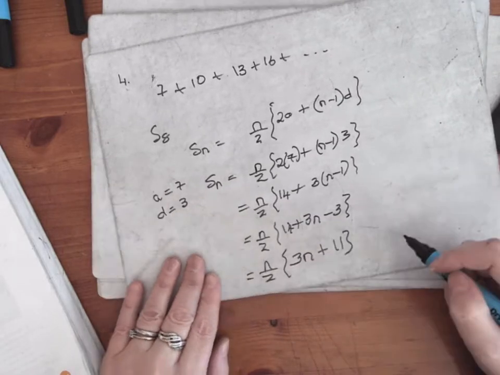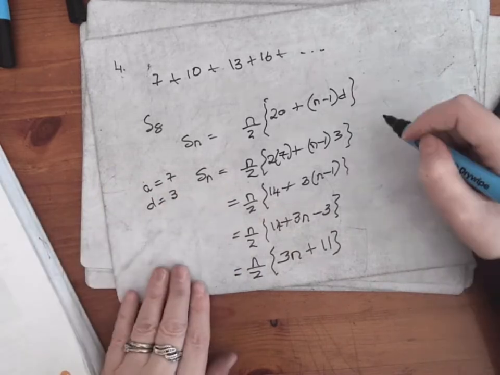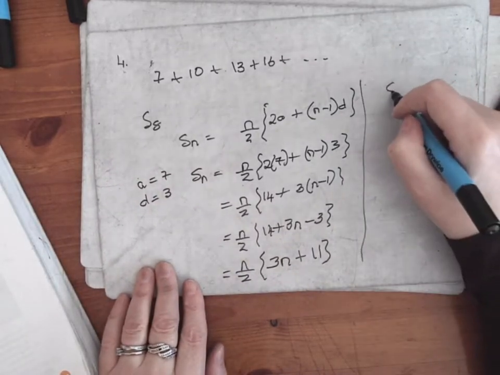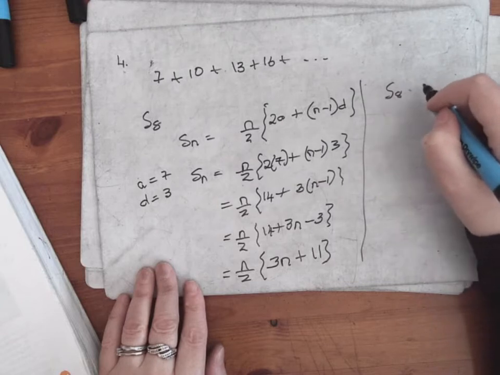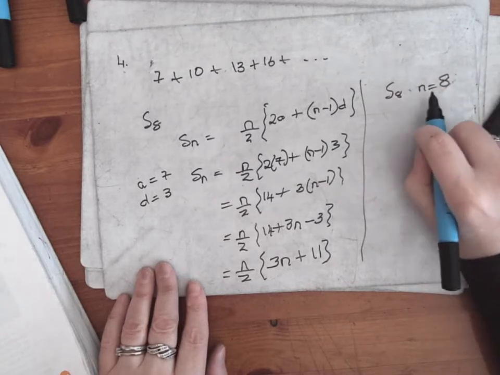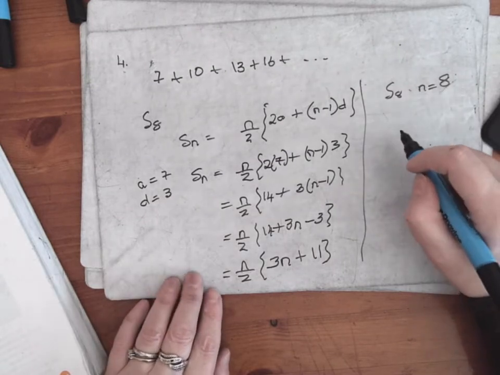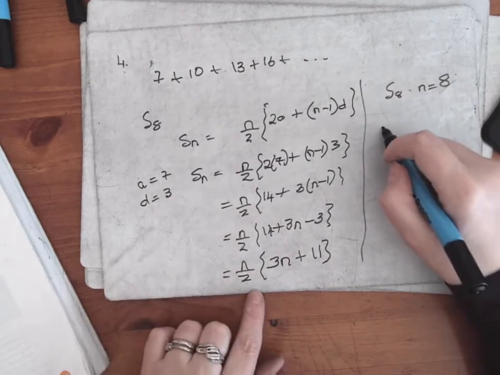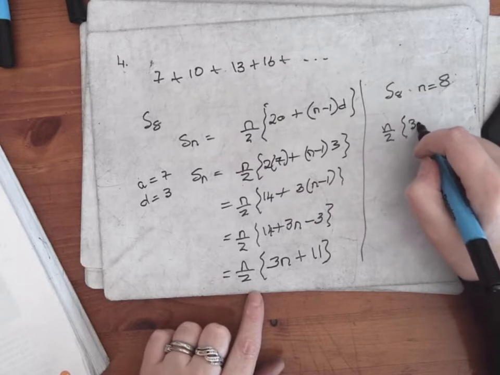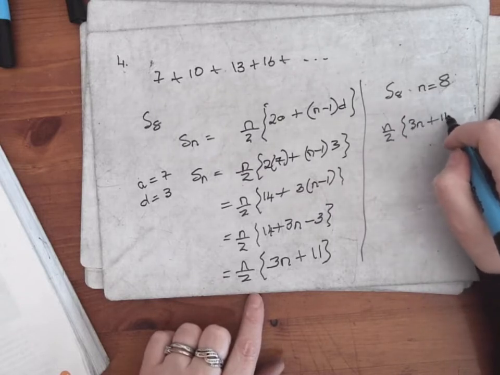Now they didn't ask you for Sn, they asked you for S8. So S8, girls, means everywhere I see an n, stick in an 8. n is the number of terms, so n is 8. So I have n over 2 times 3n plus 11.